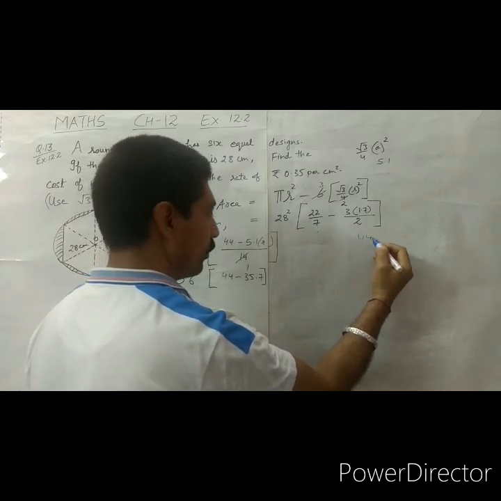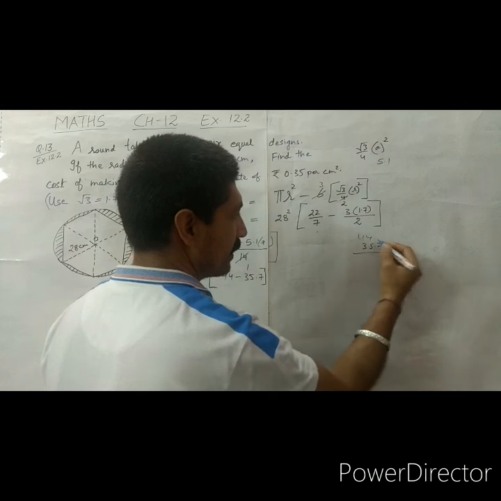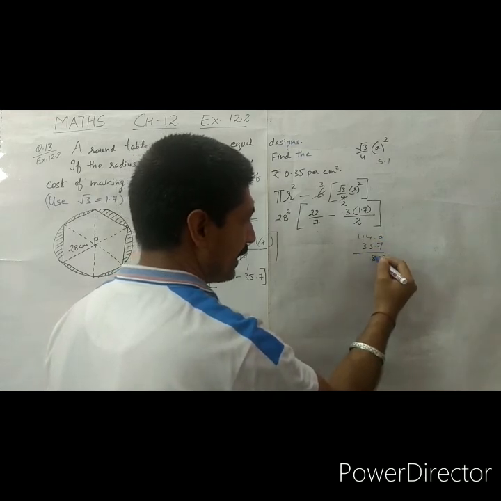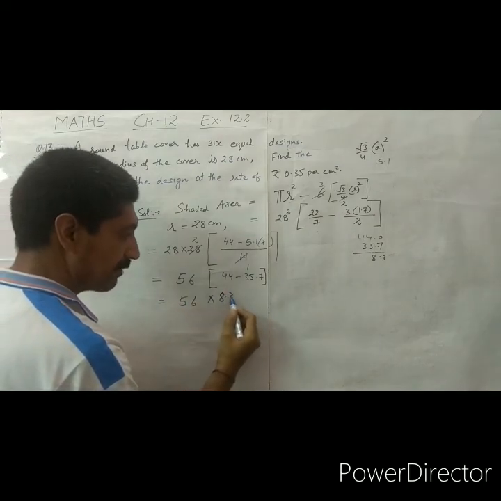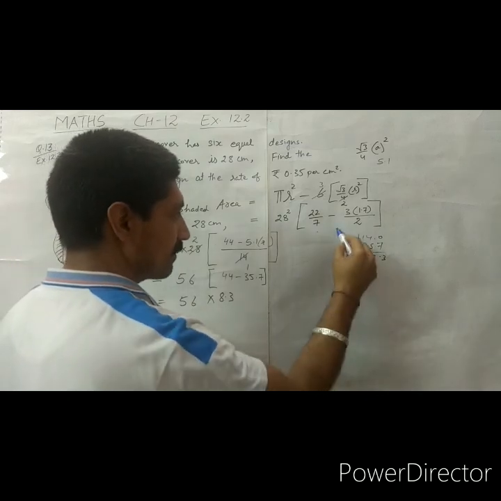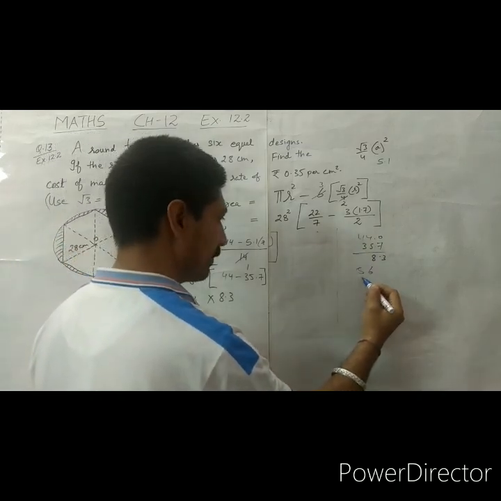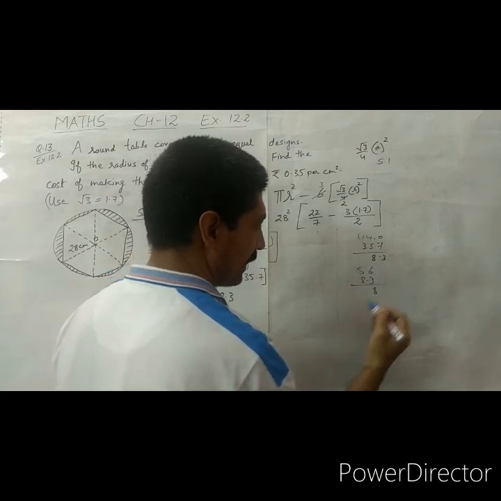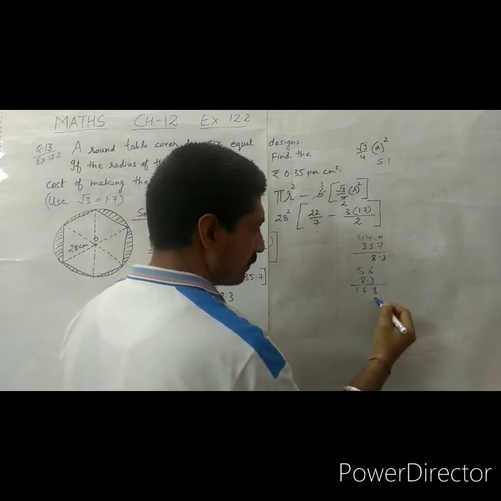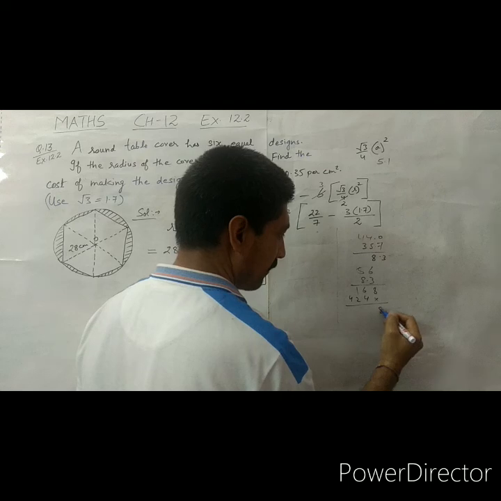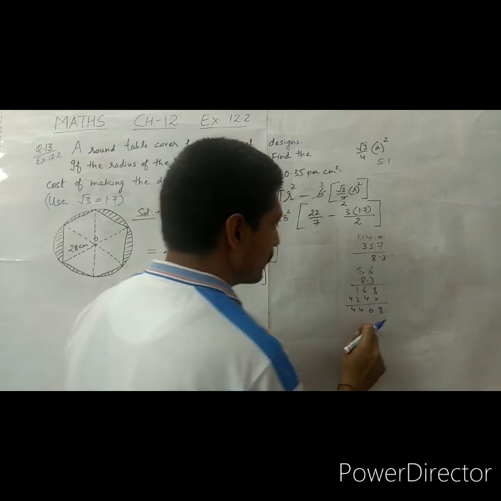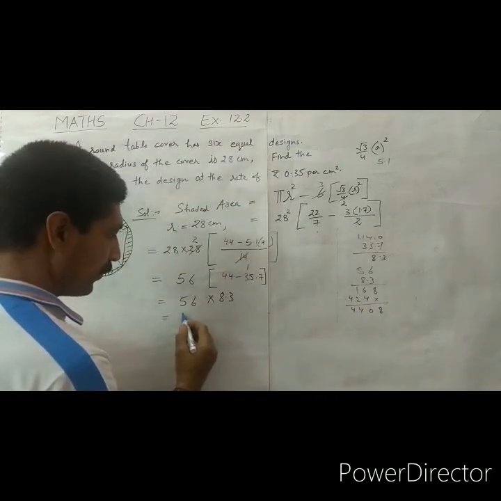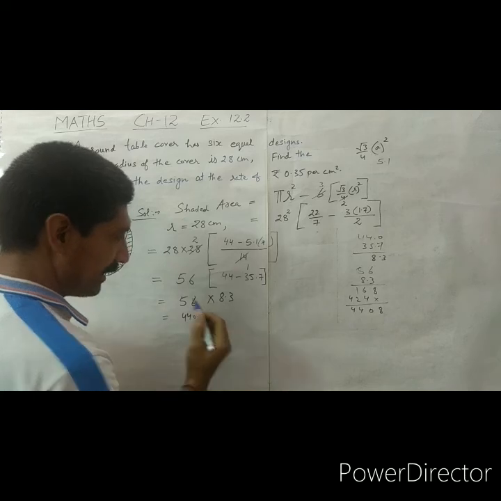First subtract 44 minus 35.7. So here we have 8.3. So we have 56 multiplied by 8.3. This is rough work here, 56 multiplied by 8.3, so we get 464.8.